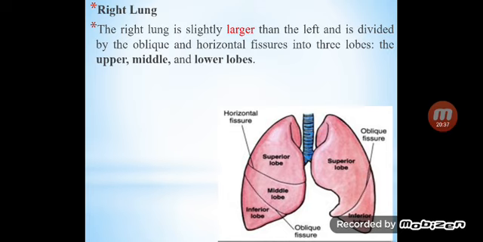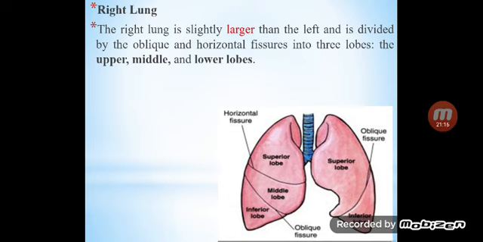In the mid-axillary line. So the middle lobe is a small triangular lobe bounded by the horizontal and oblique fissures. This is the middle lobe, as you see in this slide. It is small and triangular in shape, bounded by the horizontal fissure from above and the oblique fissure from below.